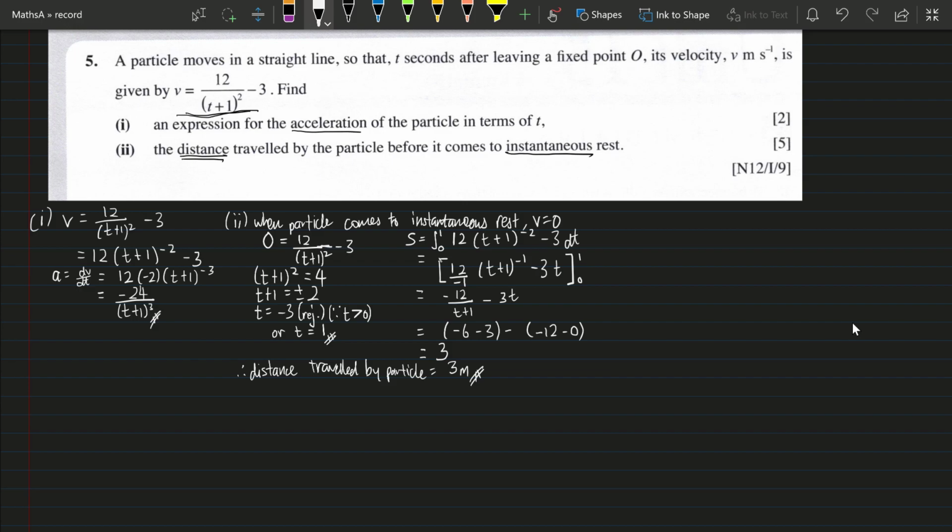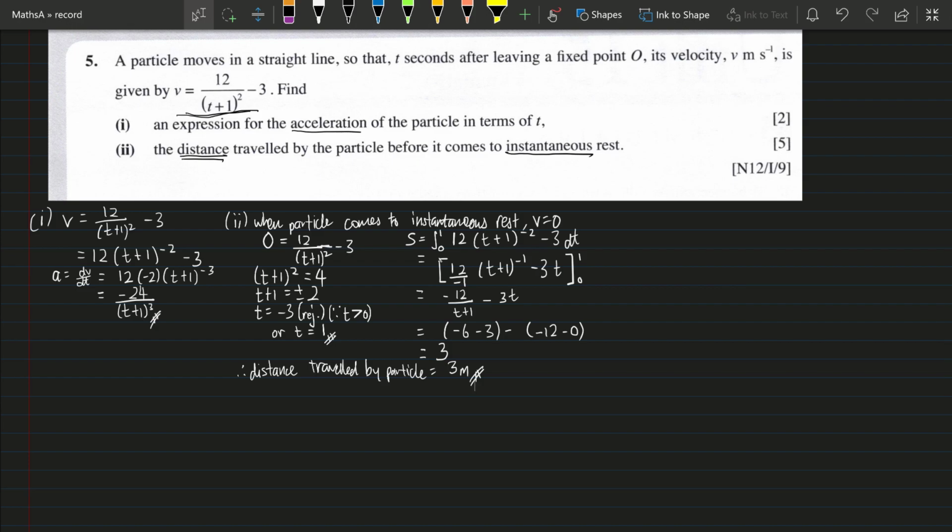The advantage of doing this using the definite integral is that we don't need to have the arbitrary constant plus c when we do the integration step, because the definite integral is already a definite thing. So we don't need to have this arbitrary constant plus c.